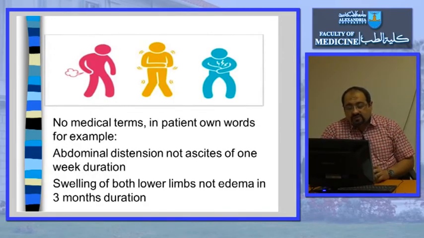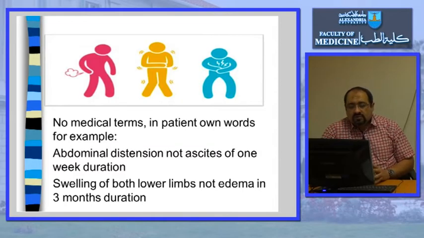As we have said, we should not use any medical terms; we should describe the complaints in the patient's own words. For example, abdominal distension should be said as abdominal distension, not translated into ascites.